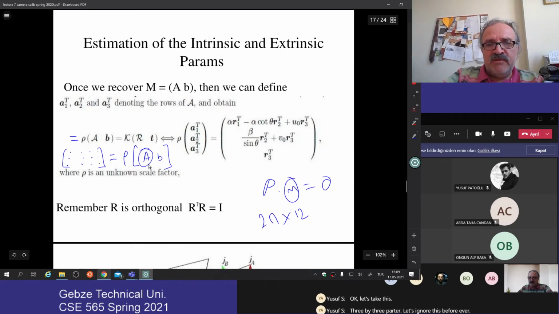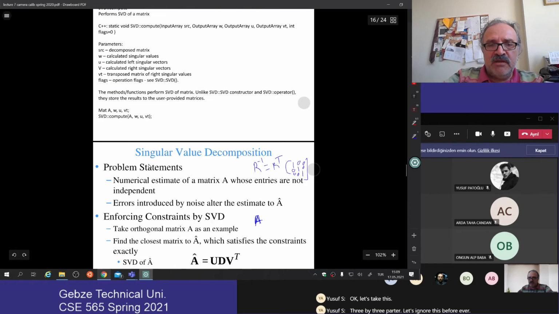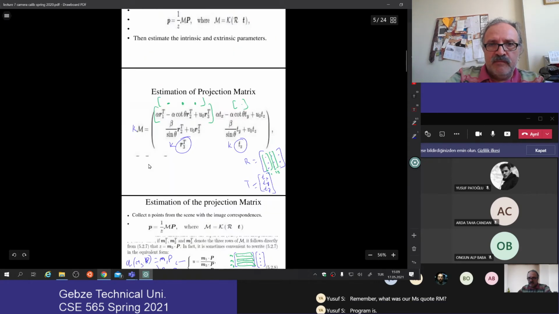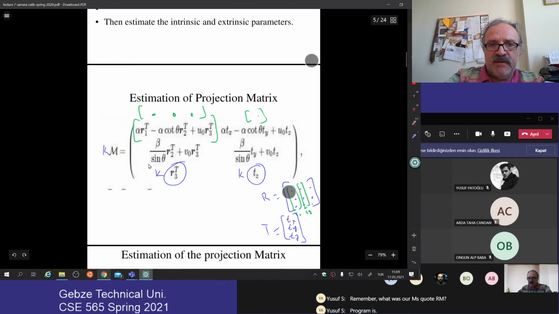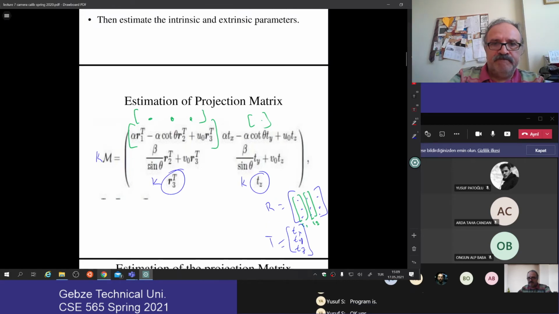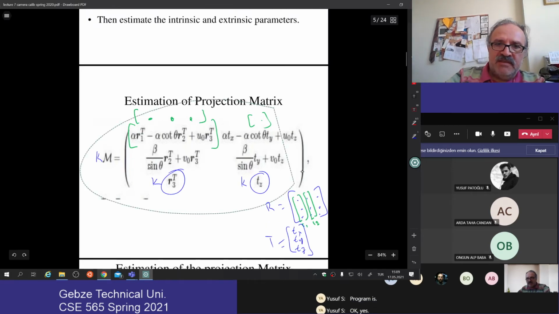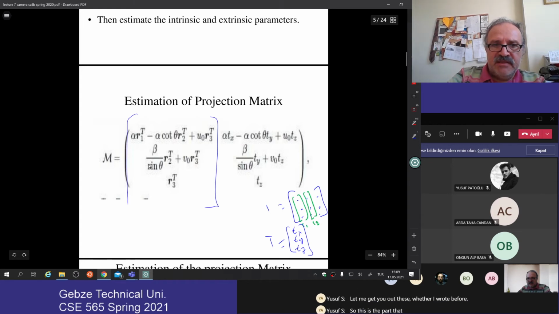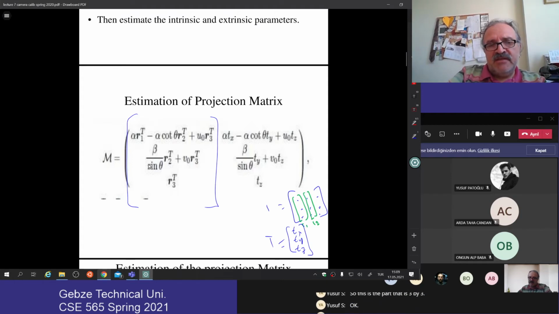Remember what was our M? Let's go to our M. So this is the part that is 3 by 3. I estimated this part up to a scale factor.